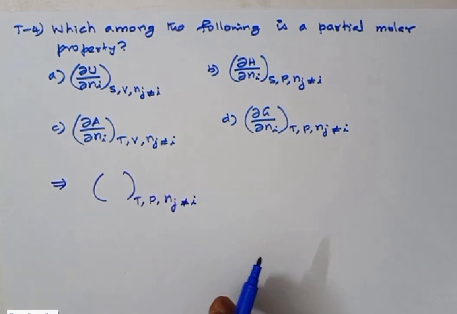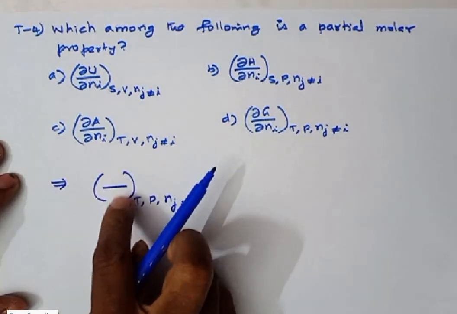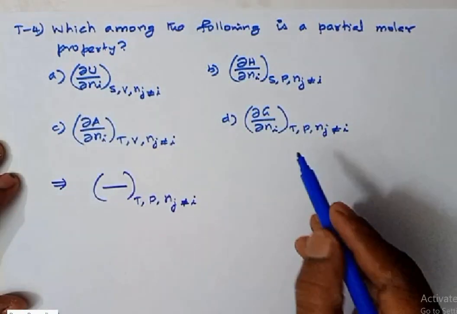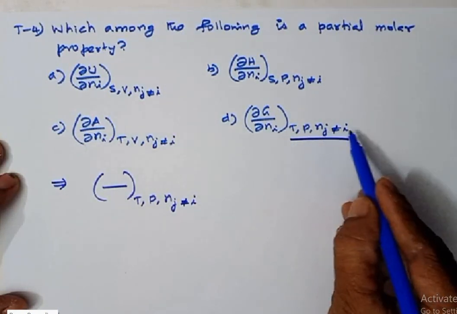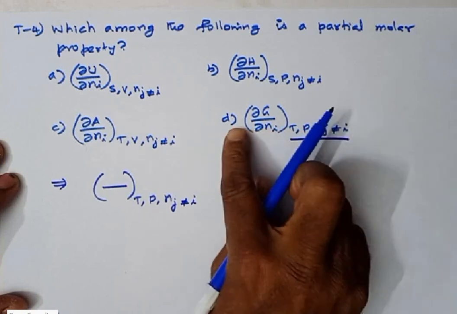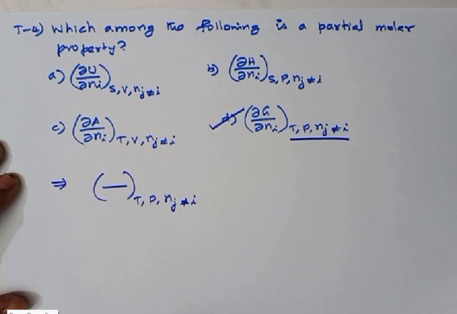Inside the bracket you may have any term, but in this case the only option which has temperature, pressure and number of moles of all the components constant except i is option D only. Therefore, the correct option for this question is option D.